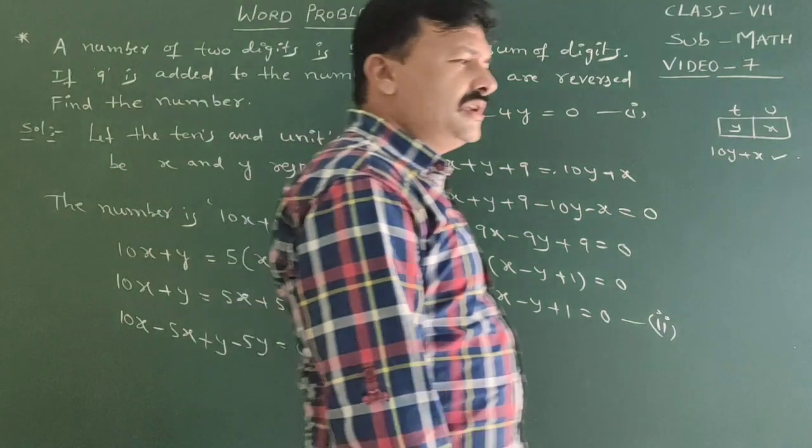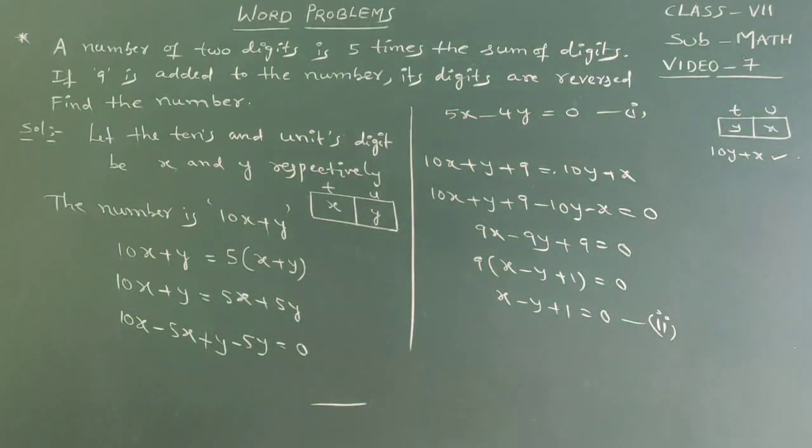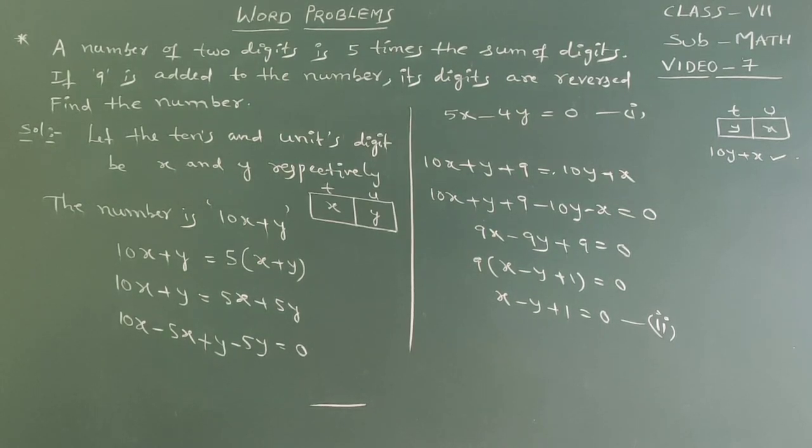Now the answer, solution. A 2-digit number with tens digit x and units digit y is 10x plus y. So two conditions they give.